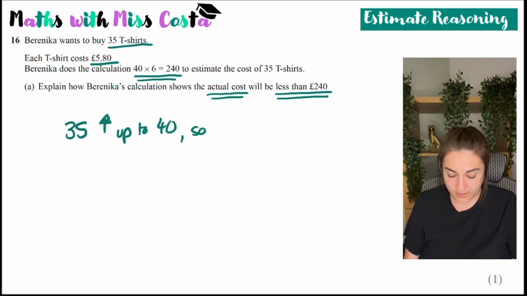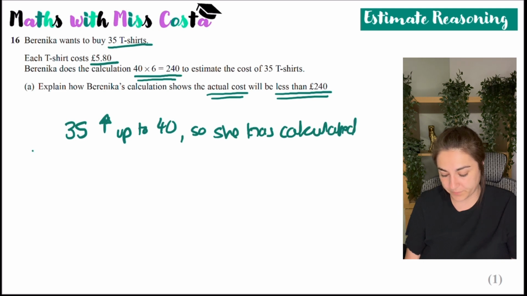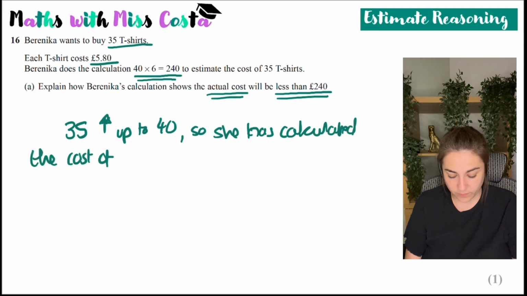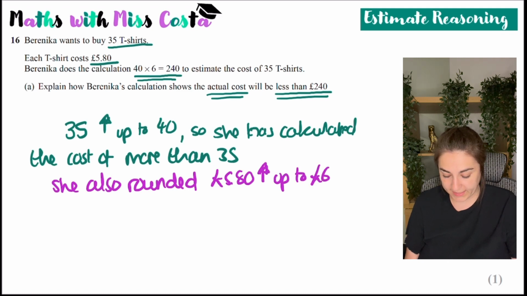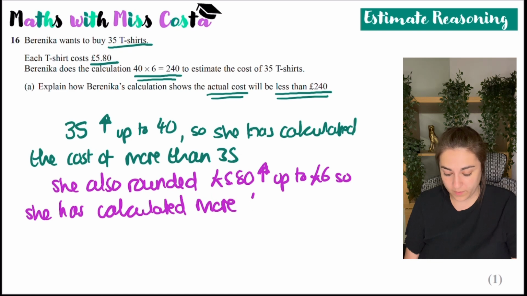So she has calculated the cost of more than 35 t-shirts, and she has also rounded £5.80 up to £6. So she has calculated more than the cost of each t-shirt.